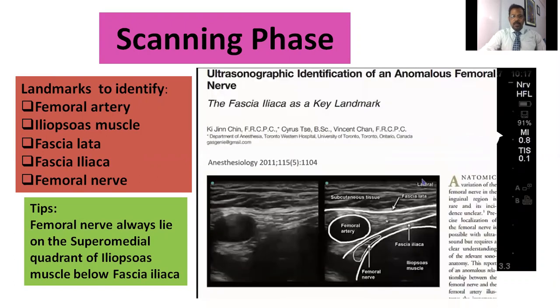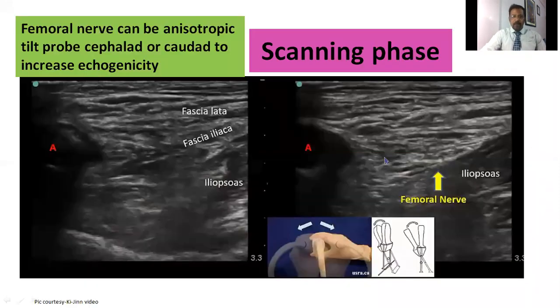The identification of the fascia iliaca is the most important landmark. The femoral nerve can be anisotropic at this level, so because it's a flat nerve, you have to tilt your probe cephalad or caudad to increase the echogenicity so that the nerve pops out from the iliopsoas muscle.